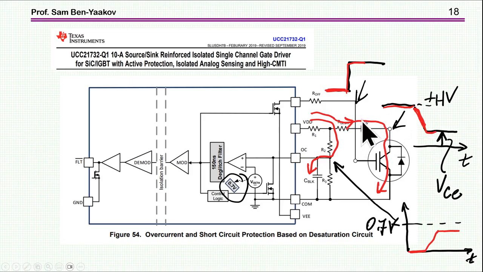The diode will be conducting, which also contributes to an attenuation of this point, and this will level off at a given point. It should be designed such that when the voltage across the MOSFET I'm protecting is the nominal one, the okay voltage, it should be below 0.7. And if the current is high and the voltage goes up, it should cross the 0.7, and then the circuit will be activated.